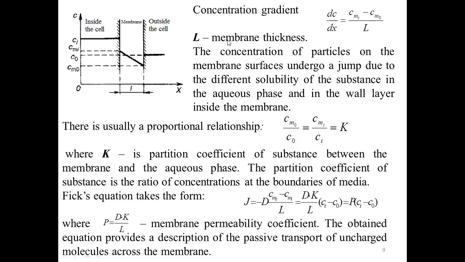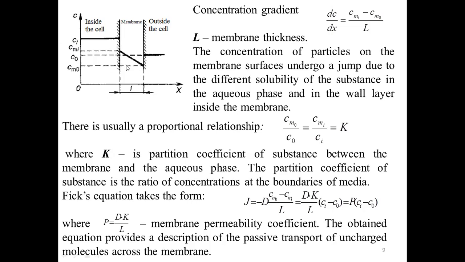The concentration of particles, if we present this change in concentration by such a graph, on the membrane surface undergoes a jump due to different solubility of the substance in the aqueous phase inside and outside the cell, and in the wall layer inside the membrane.